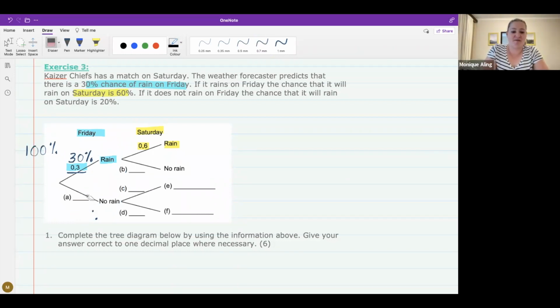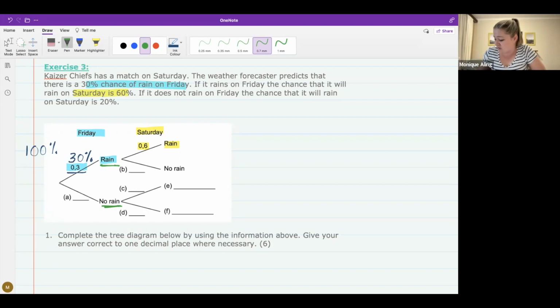Okay, so just a reminder for how I worked out A. Percentages are out of 100, always. They told us that there's a 30% chance of rain. So if there's a 30% chance of rain, that other 70% must be allocated to no rain. So these two added together have to equal 100%.